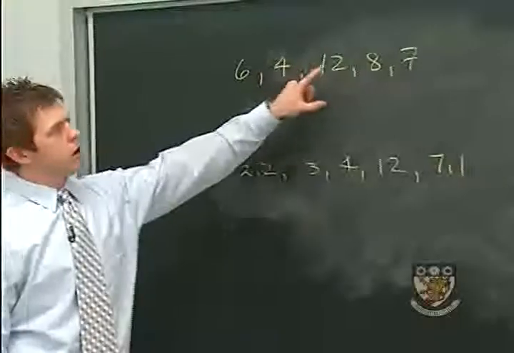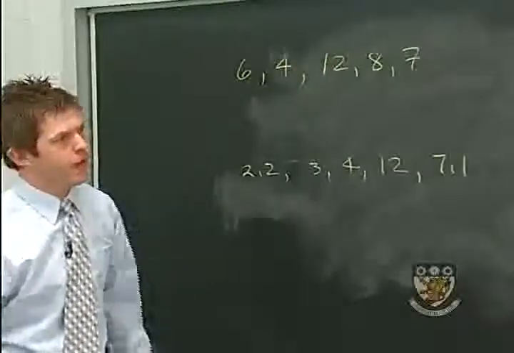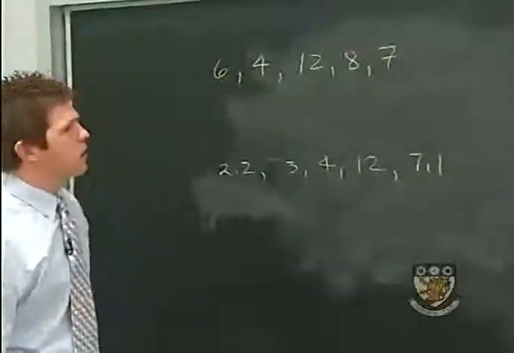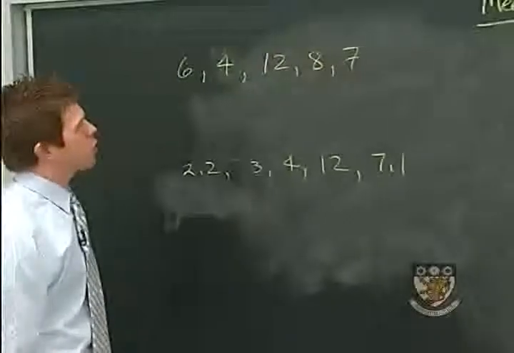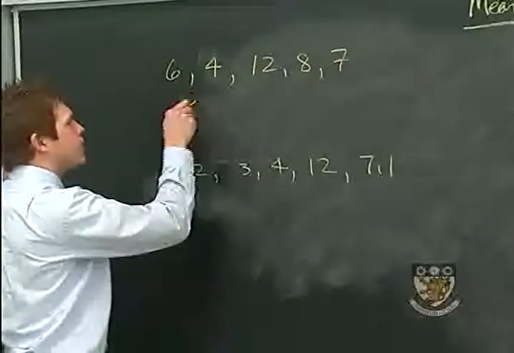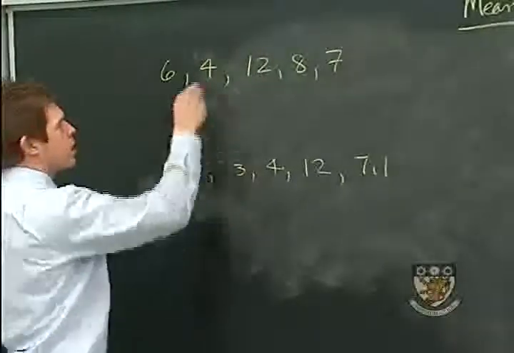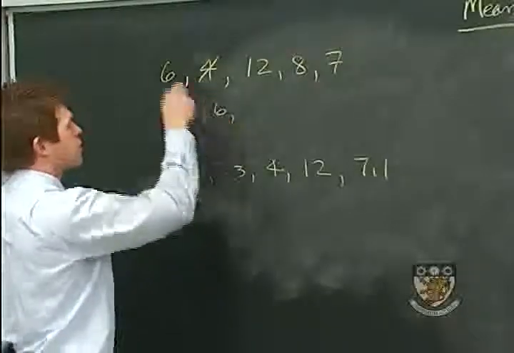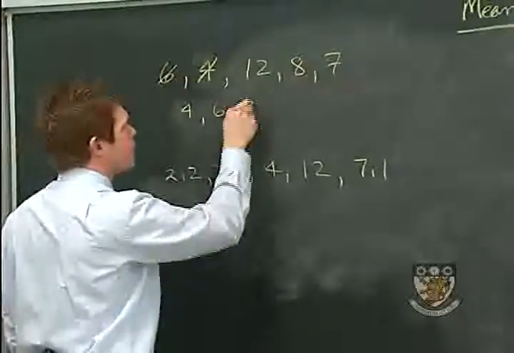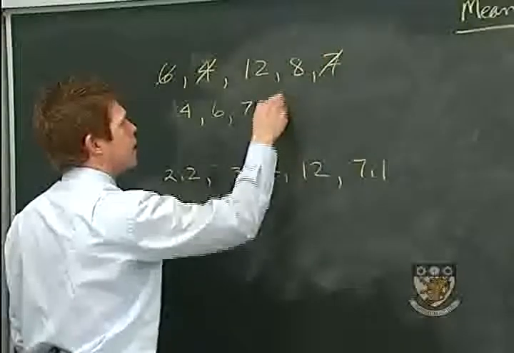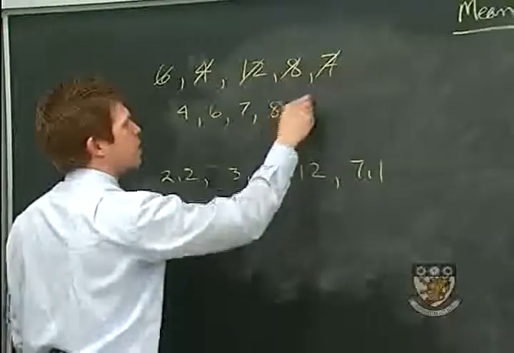We have a list of numbers: 6, 4, 12, 8, and 7. Now the first step is to order our list. So we have 4 first, then 6, then 7, 8, and then 12.